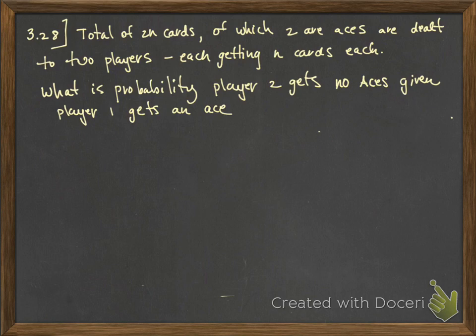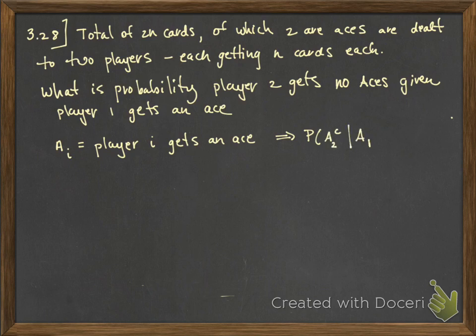All right, so we're going to define the following events. We're going to say A sub i is the event player i gets an ace. That means what we're trying to find is the probability player 2 gets no aces, so A sub 2 complement, given that player 1 gets an ace.